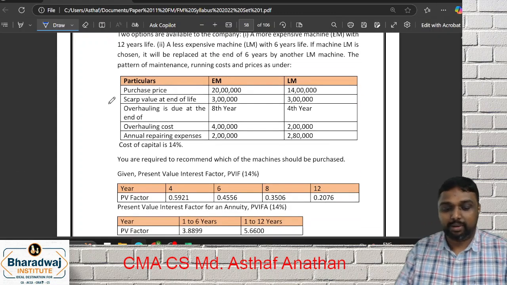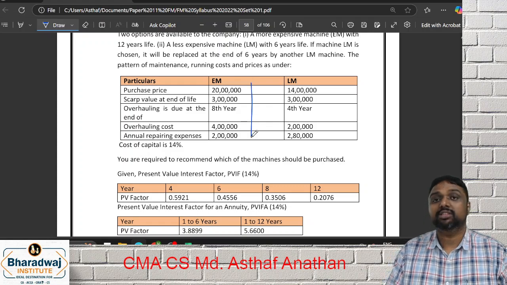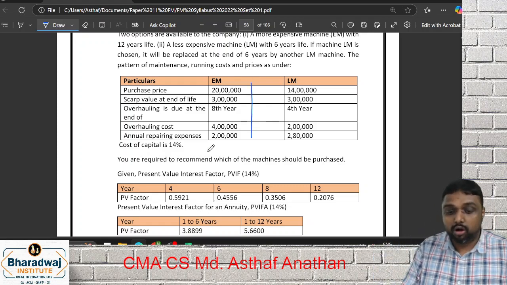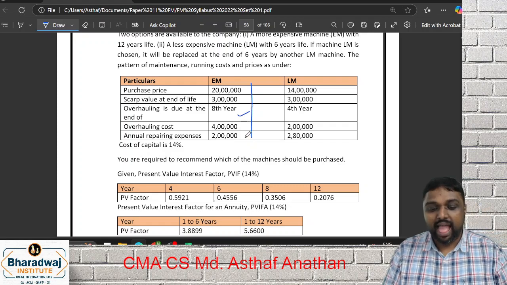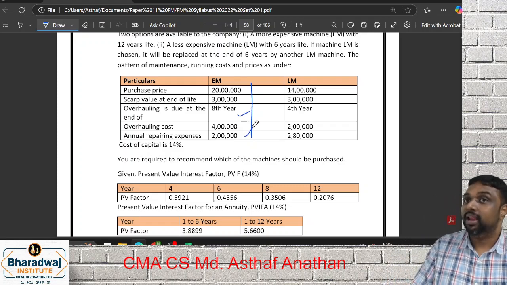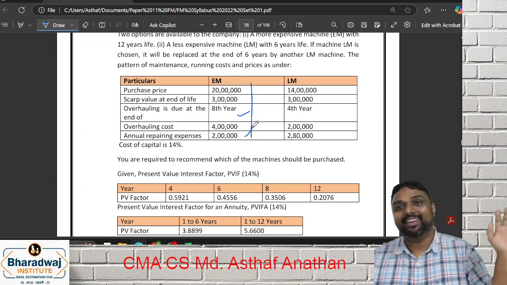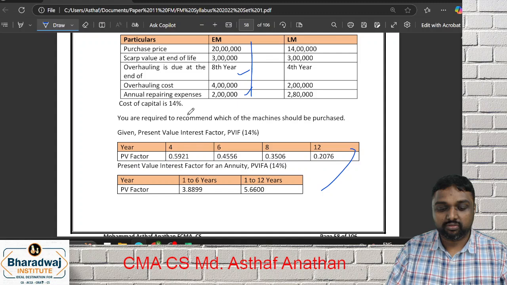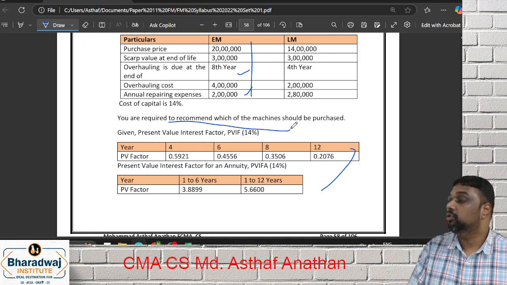They gave the data: purchase price, scrap value. Scrap value will come at the end of the year. Overall cost they tell in the 8th year. Annual repair will come every year. They gave the discount rate, everything here. We have to decide which machine you have to purchase.